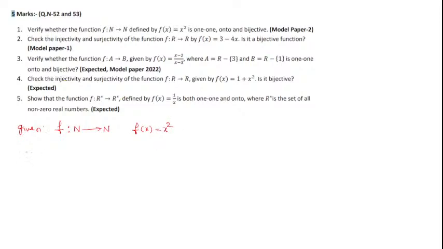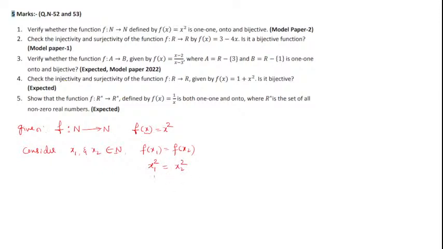So what we have to consider here, look, consider x1 and x2 are two natural numbers belonging to the set of natural numbers. And now I will consider f of x1 is equal to f of x2. So in the given function f of x, please put in terms of x1 and x2. So what you will get? You will get x1 square and that is equal to x2 square.